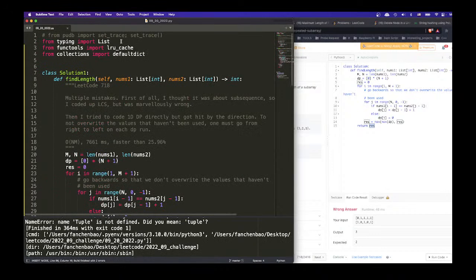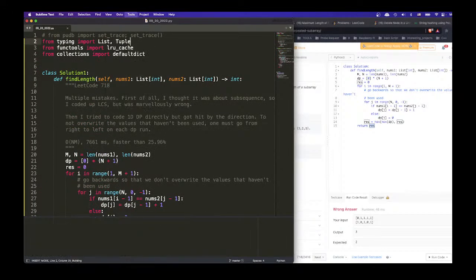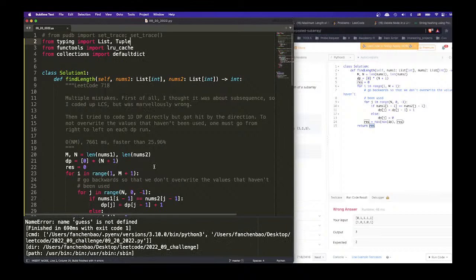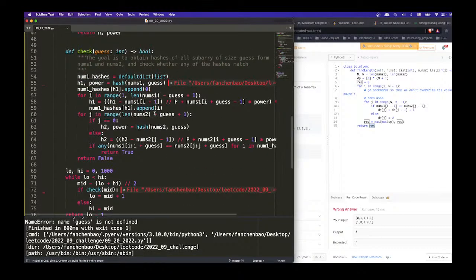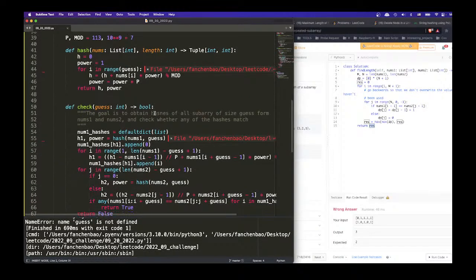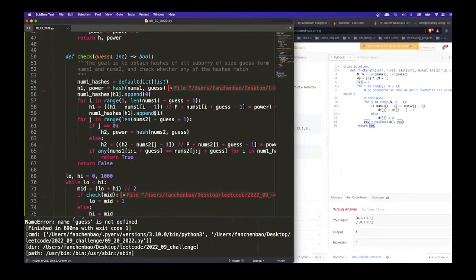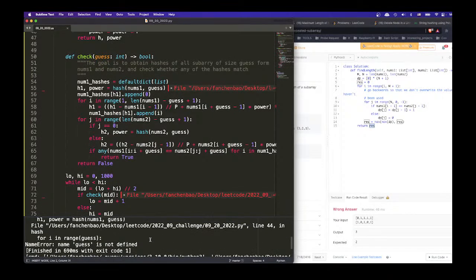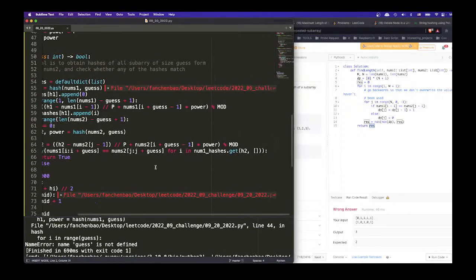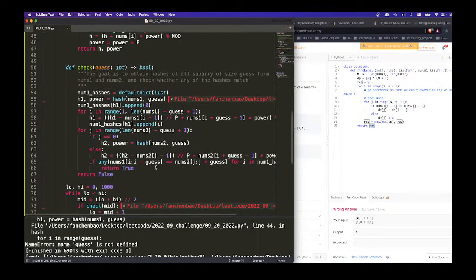Tuple is not defined. Guess is not defined. Where? What do you mean guess is not defined? Guess is here.